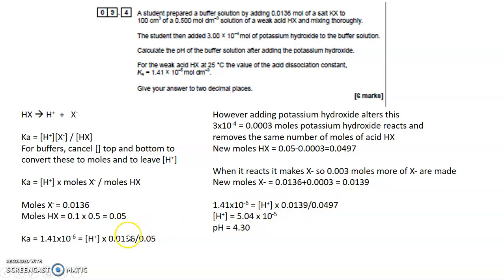Now my new values, instead of 0.0136 divided by 0.05, are 0.0139 divided by 0.0497. If I rearrange that equation, H+ now comes out as 5.04 times 10 to the minus 5. pH is minus log to the base 10 of that, 4.30. I've put it to 3 significant figures because my other values are 3 significant figures.